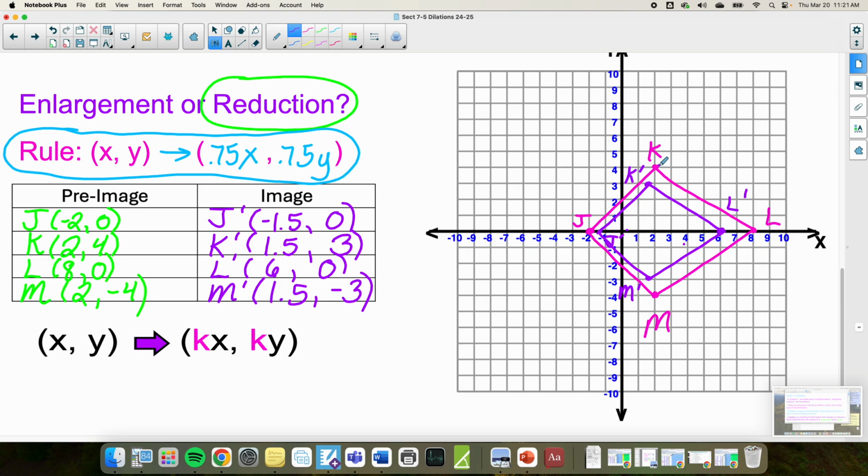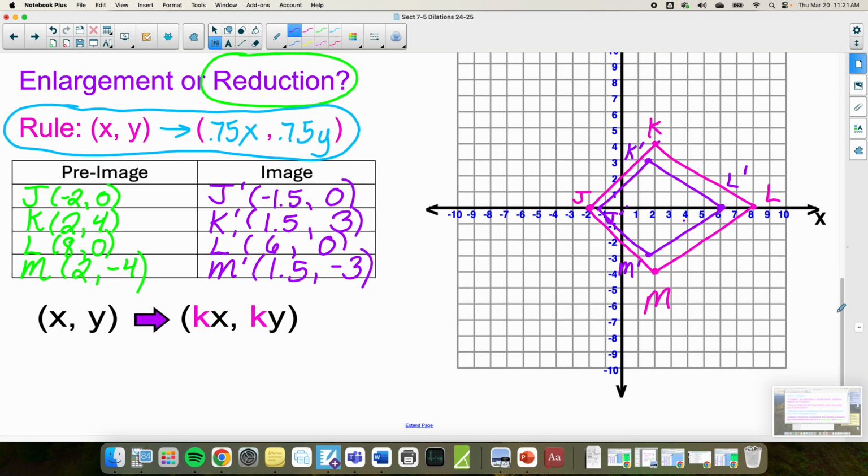And then you could think of, if I drew from the origin to L, and then from the origin to L prime, is that about 3/4 of the way? And what it's going to do is, the bigger the numbers that you're dilating, the further apart they're going to be. The smaller the numbers that you're dilating, the closer they'll be. So don't think it has to be equidistant, okay?